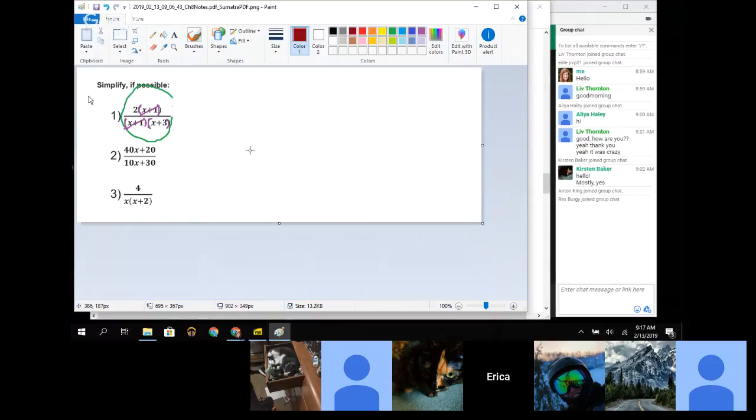Nope, you can't do anything, right? Anton says divide by 10. The way this is written, you can't cancel out because we technically don't have anything multiplied in the top or the bottom, right?